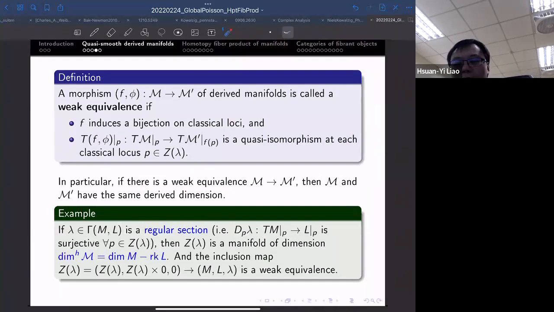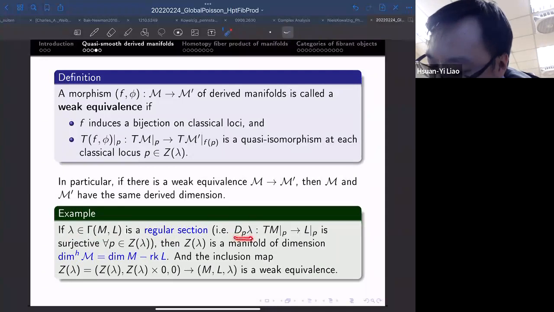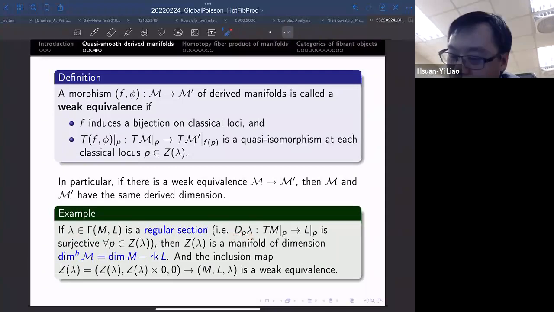And the following example is a nice case. We say a section is a regular section if this differential is surjective. If a section is regular, then the zero locus is a manifold of dimension n minus rank, and this is exactly the same as the derived dimension.